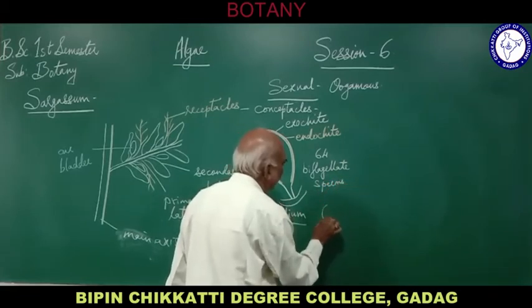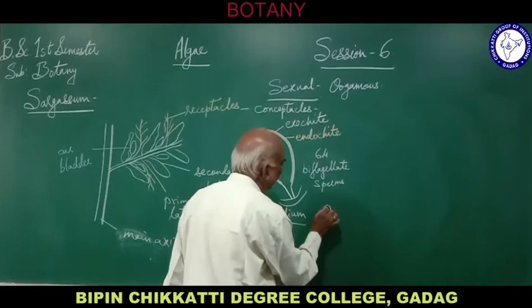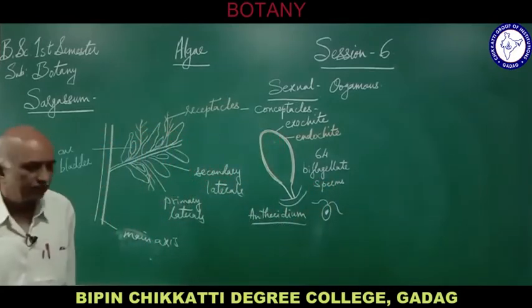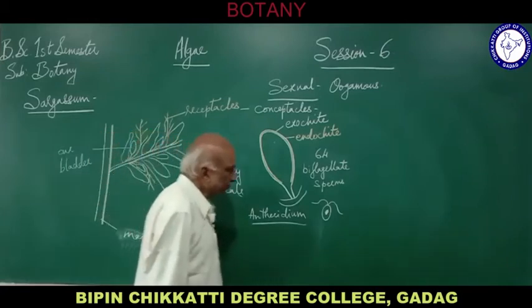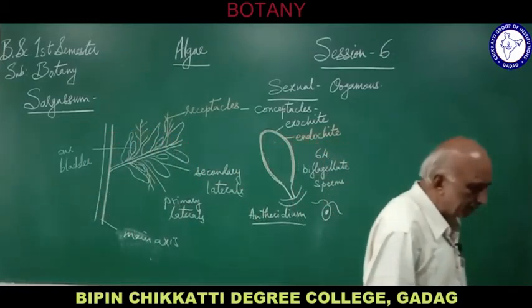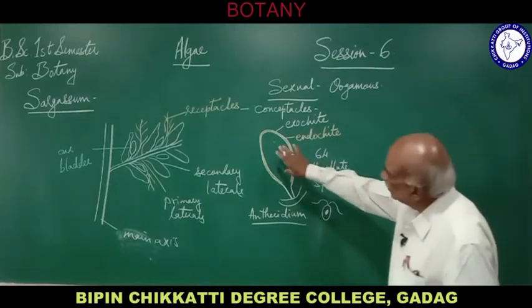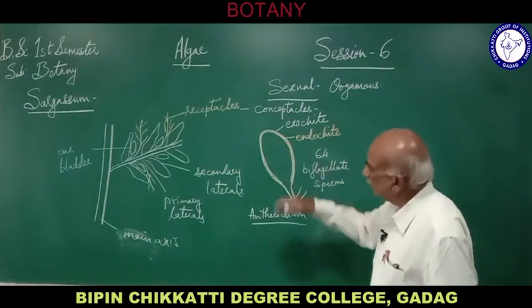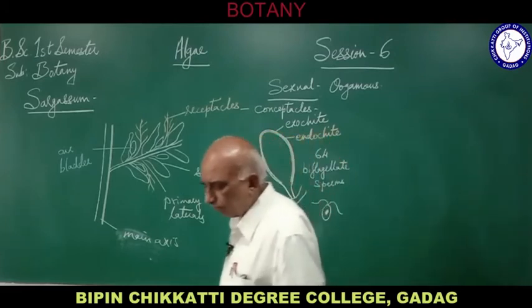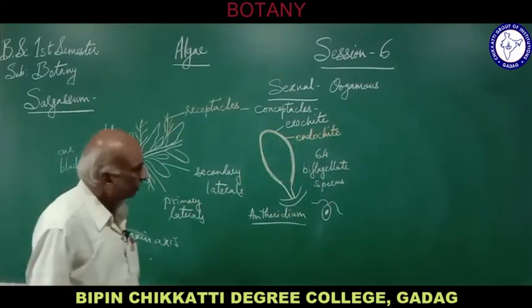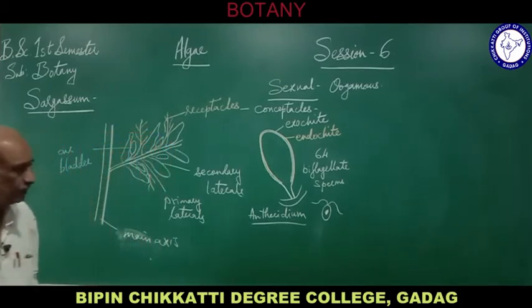So this is a simple antheridium which is having two flagella like this. So such kind of sperms are produced in the single antheridium, and actually they divide by meiosis, and they multiply and they produce about 64 biflagellate sperms.